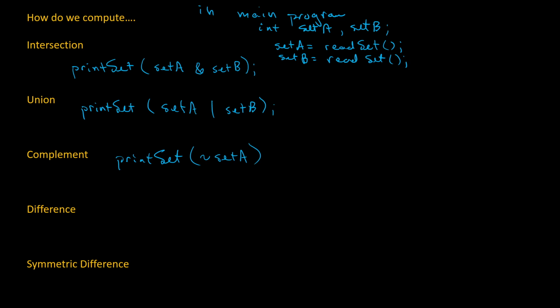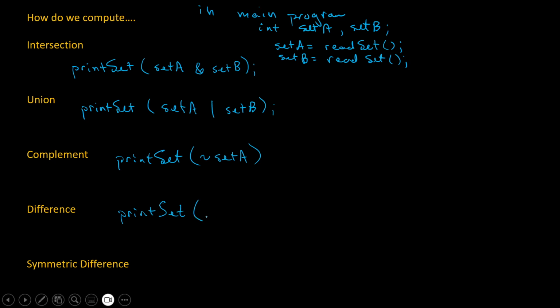Tilde B, tilde set B. How do I find out where things are common? I do the intersection, the and. No, sorry, that's capital. I think I wrote it camel case.